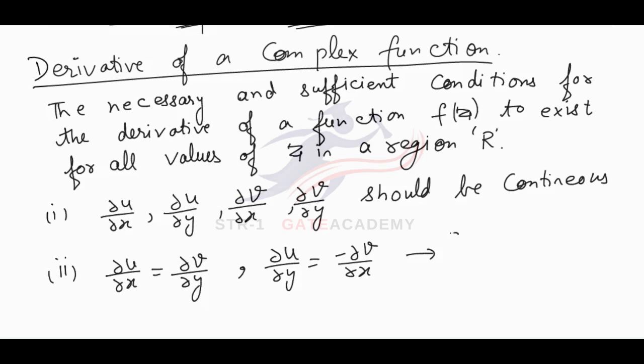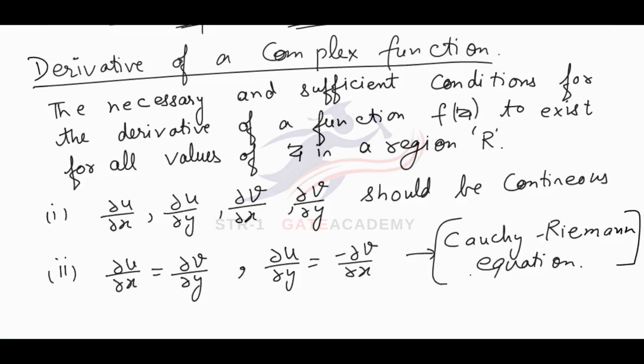These are called Cauchy-Riemann equations, named after scientists, or CR equations in short form. If these two things are valid, then you can definitely say that the function is differentiable. Clear?